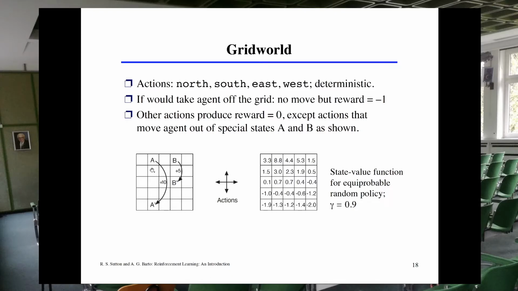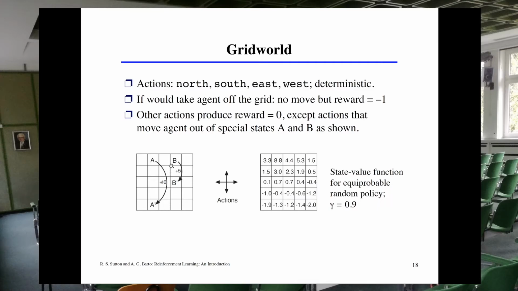So if the agent manages to get into state A and then applies action go west, the agent will leave state A, will receive a reward of +10, and will be moved automatically to state A prime, which is this one here.